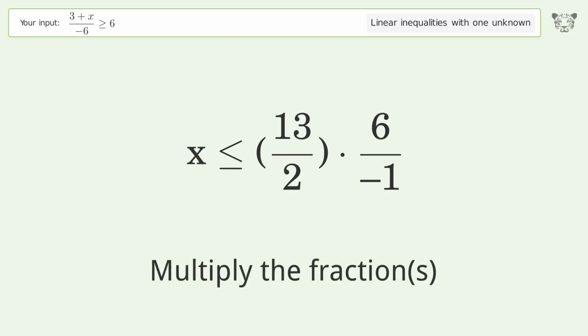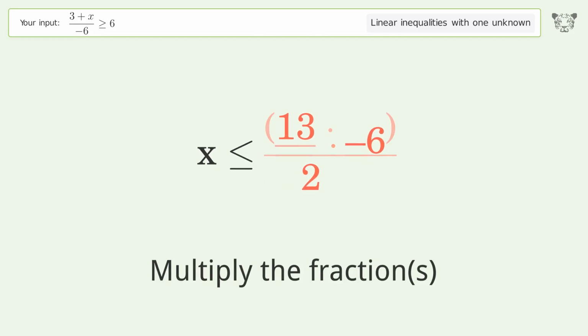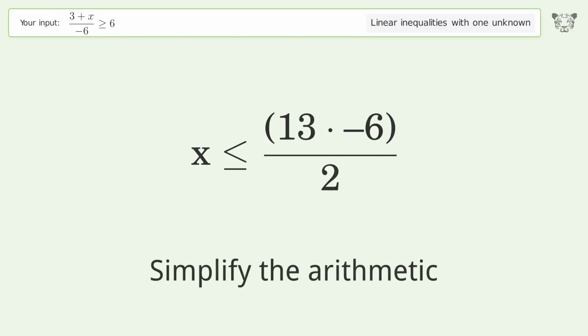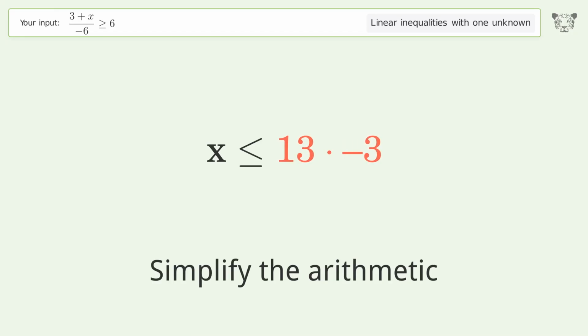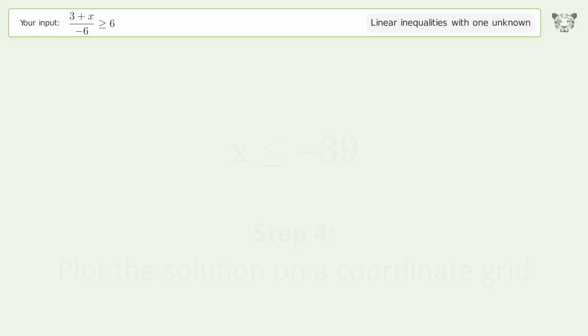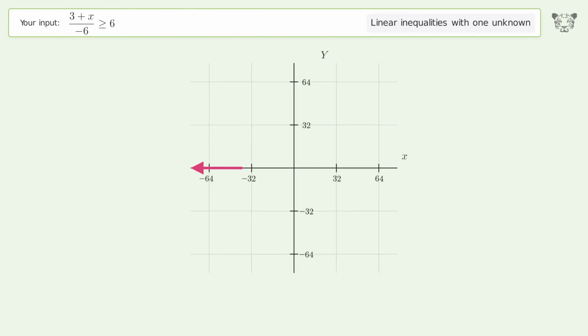Multiply the fractions. Simplify the arithmetic. Plot the solution on a coordinate grid. And so the final result is x equal or smaller than -39.